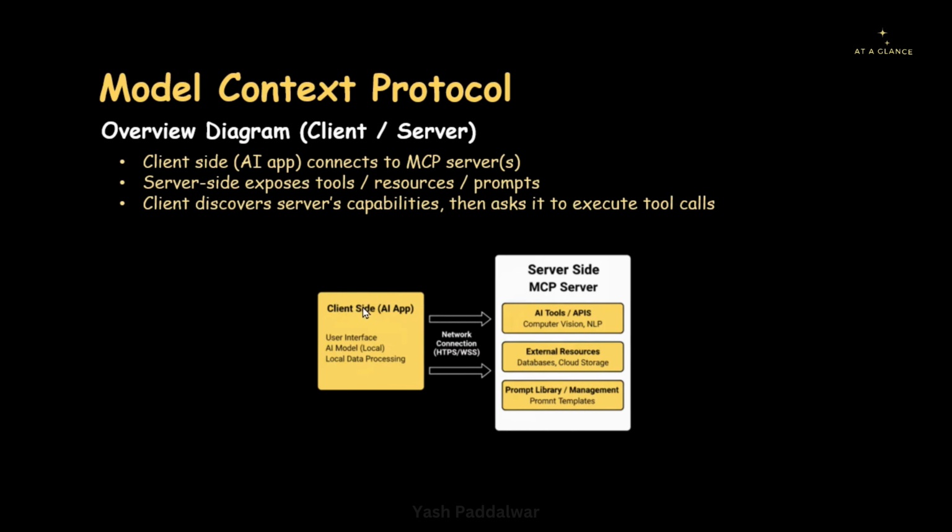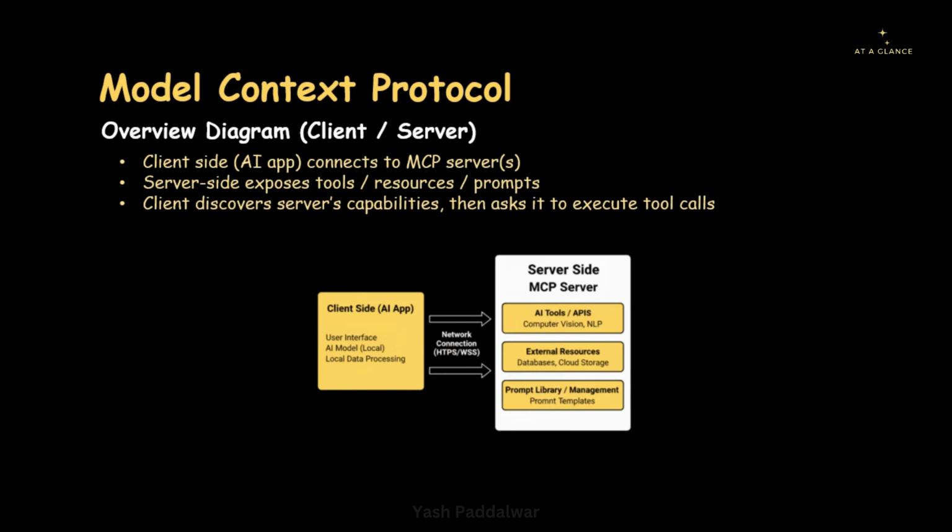As per the diagram, the client simply discovers the set of tools, external resources, or library or management from the server. This is a simple, high level architecture of MCP. I hope this client server architecture is clear to you all. Don't worry, in detail we'll be looking into it in the upcoming video. So stay tuned for that.